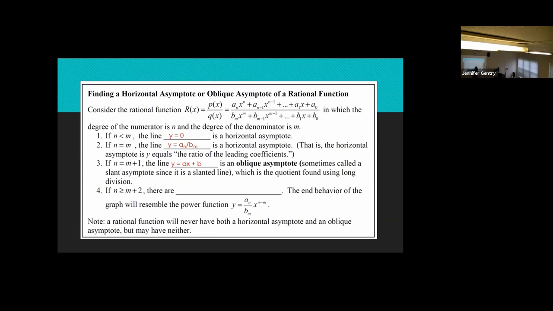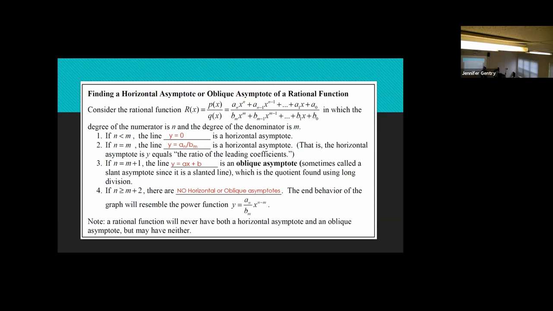If your N, the top, is greater than or equal to twice the bottom, there are none. There are no horizontal or oblique asymptotes. You can never have a horizontal and an oblique.